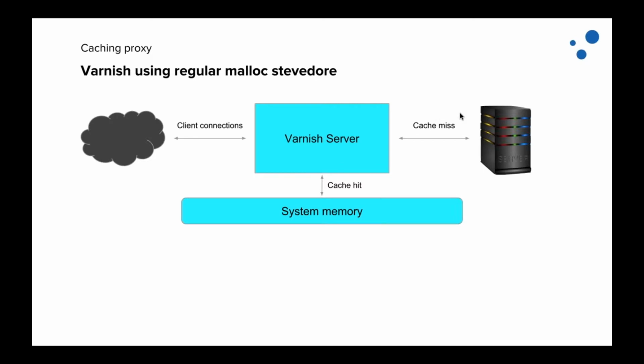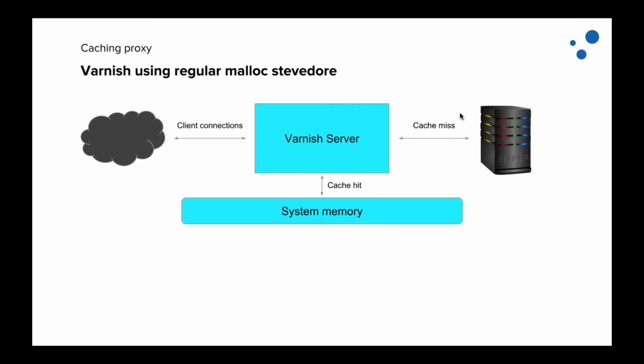And your requests will then either be cache misses or cache hits if that was content that Varnish already held. Of course, for the misses, Varnish will keep a copy of this, and the next time someone asks for the very same resource, we will be able to serve that as a cache hit, and doing so directly from system memory. This setup here is sort of your vanilla type of Varnish configuration.